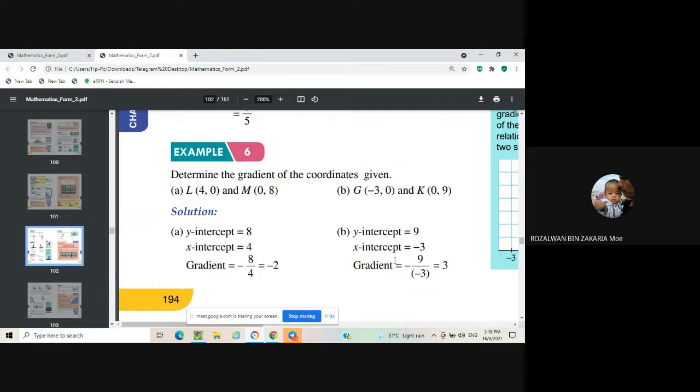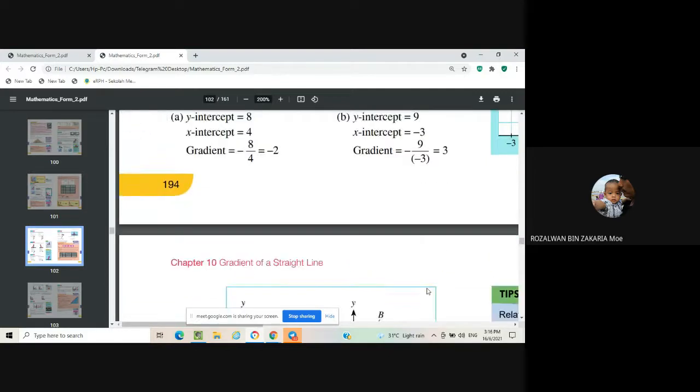So the gradient equals minus y-intercept divided by x-intercept. Substitute y-intercept equal to 9, so minus 9 divided by x-intercept equal to minus 3, then equal to 3, because minus divided by minus equals positive. So 9 divided by 3 equals 3. So 3 is the answer for B.